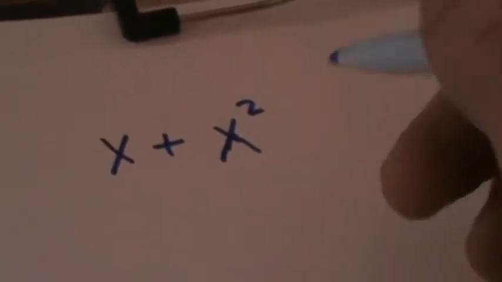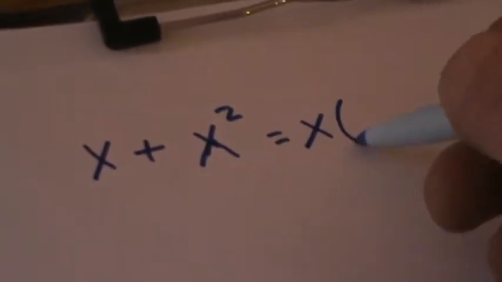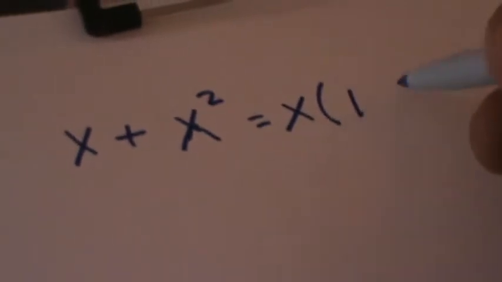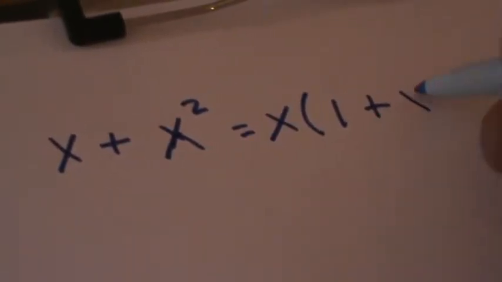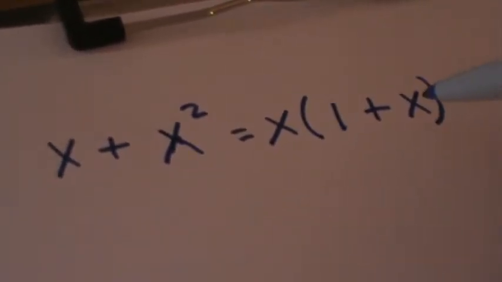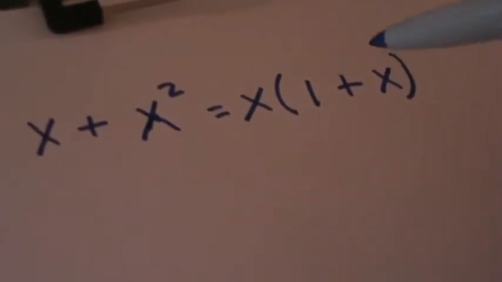So in this case here, the one with the smallest exponent will be just plain x itself. So that goes on the outside. So x times what gives you x? That would be 1, plus x times what gives you x squared? That will be x itself. Because remember, when you multiply variables together, what you want to keep in mind is that you'll be adding exponents instead. So let's take another example.